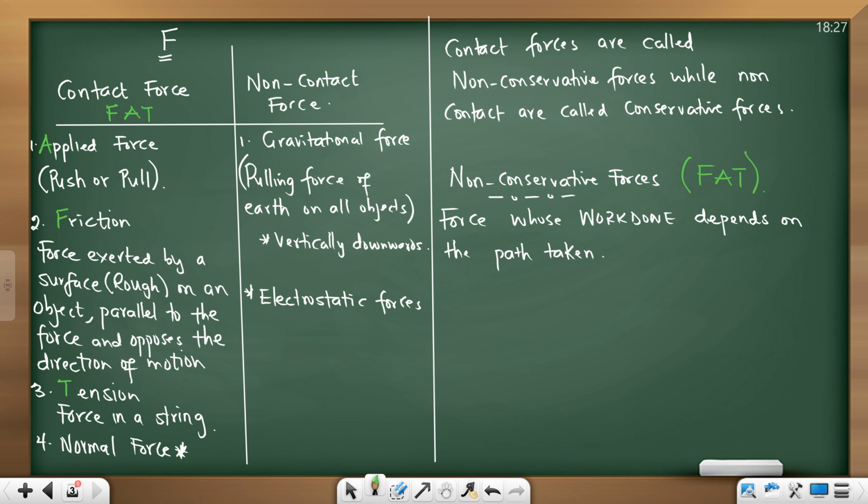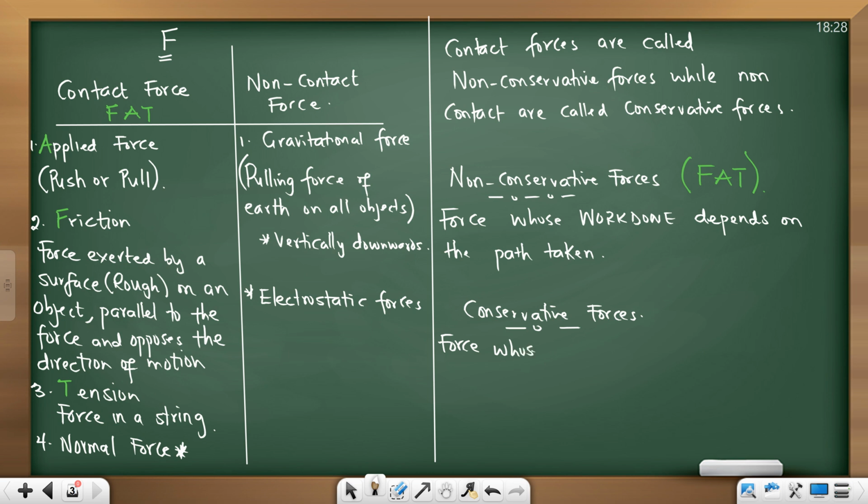And what does FACT mean? Friction, applied, tension. So, can we then define conservative forces? What are my conservative forces?